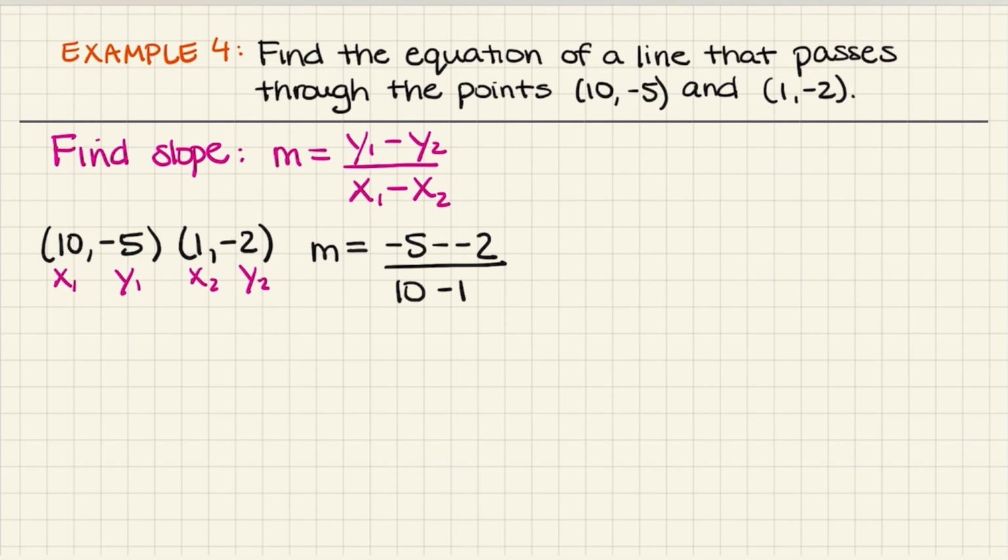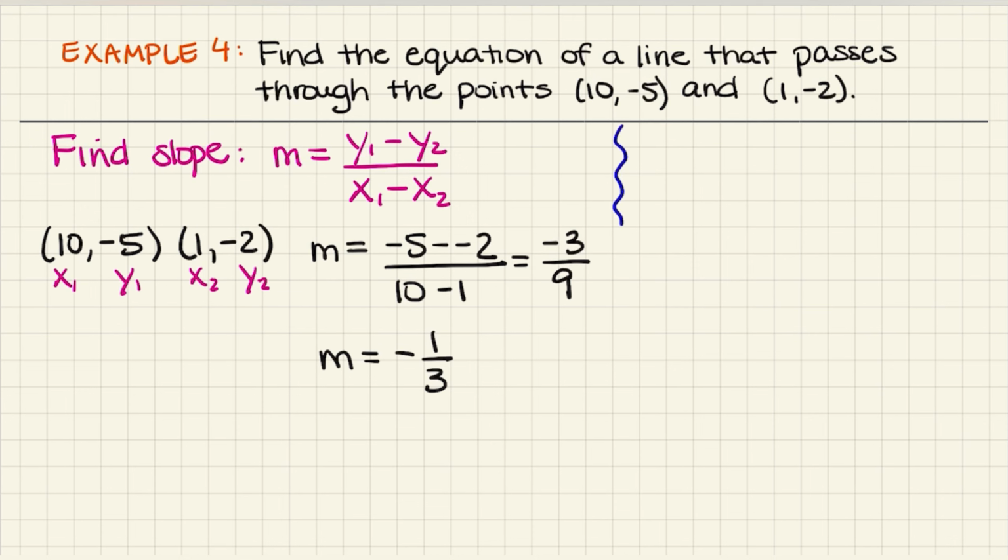Negative 5 minus negative 2 turns into a plus. So negative 5 plus 2 gives us negative 3 on top, and 10 minus 1 is 9. Negative 3 over 9 simplifies to negative 1 over 3.